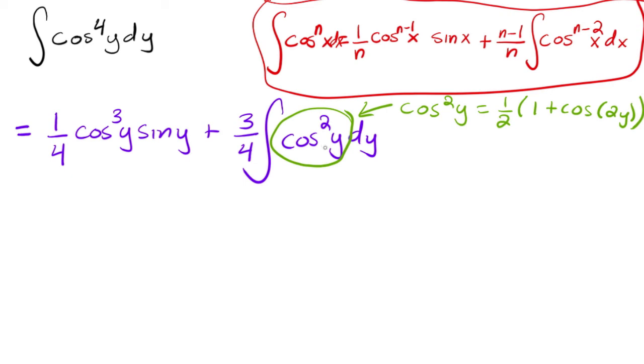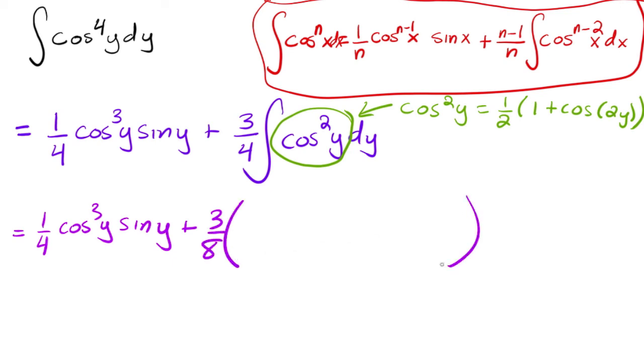Okay, so if you replace that right here, then what you end up with is 1/4 cosine cubed y sine of y plus, so this is going to be 3/4 times 1/2, that's going to be 3/8.